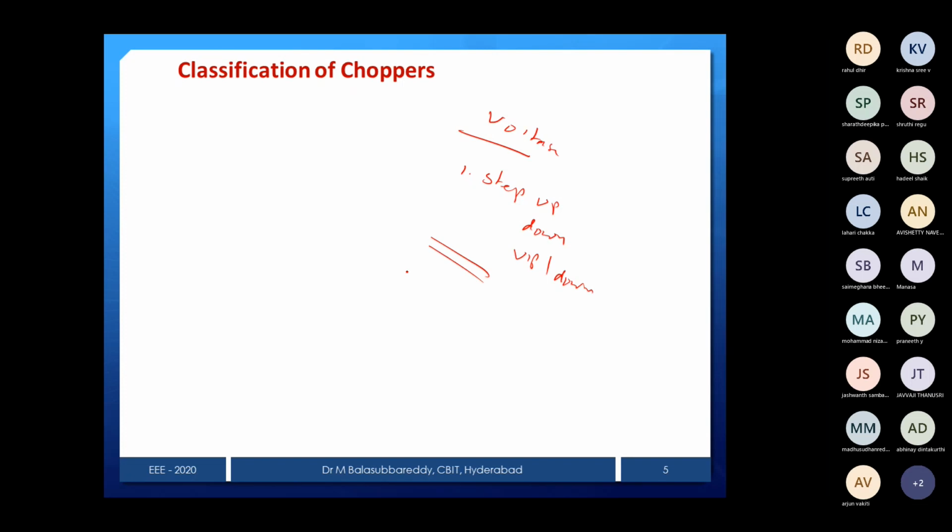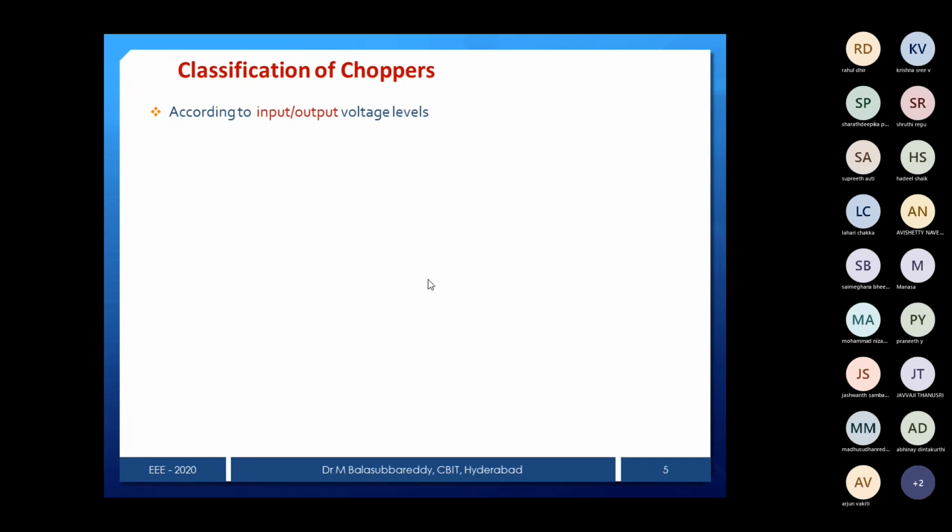So these are some of the classes. Suppose if you represent by quadrant operation, then what can I represent? Class A, B, C, D, E and so on. Up to E, that means E is a four quadrant operation. Like that, you will get different classifications. Now you can see voltage level. Based on that, you can see step down chopper, step up chopper, up and down chopper.